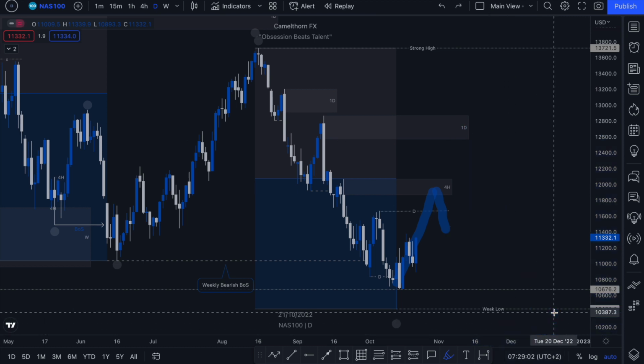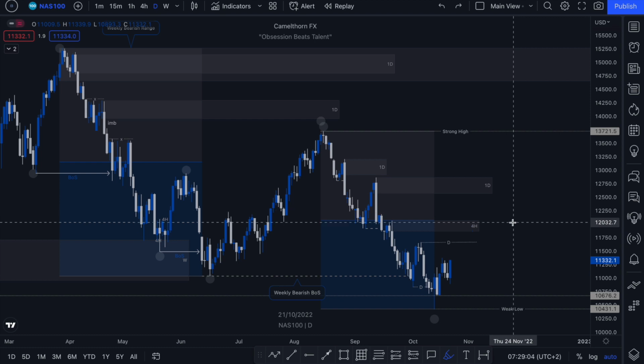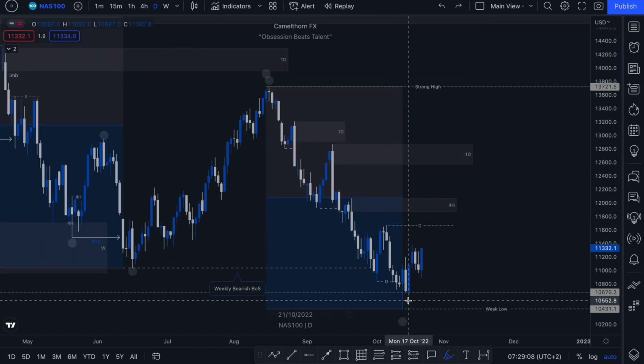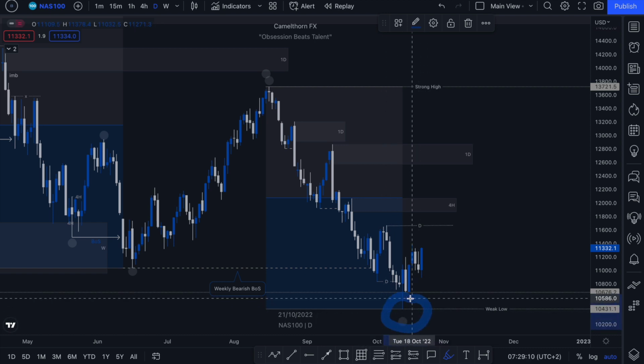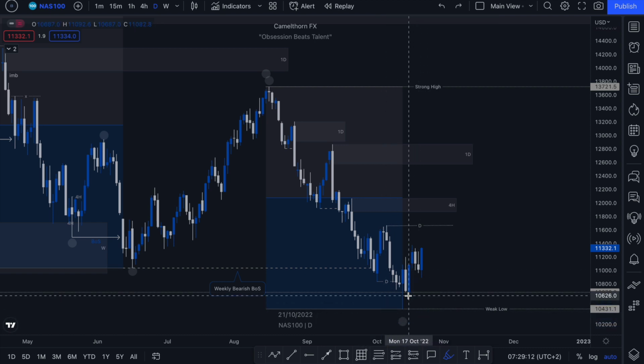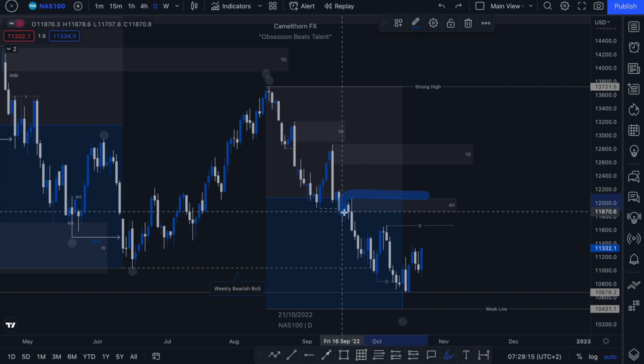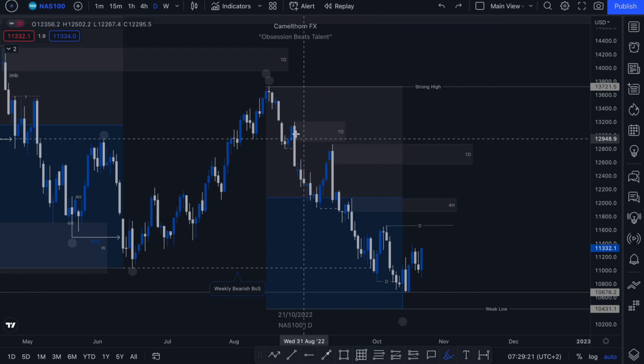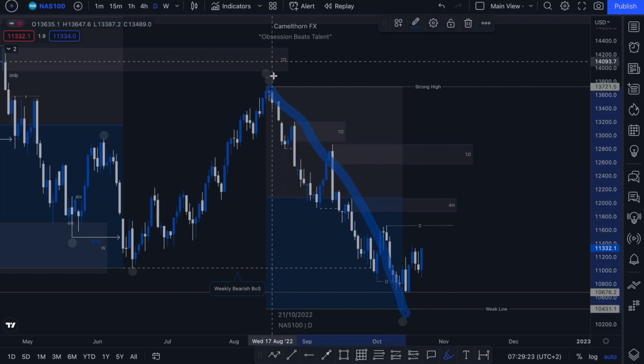However, another interesting thing is, if we are to reach this daily change of character, and if we are to confirm this as our new weekly low, notice how our 4-hour zone would be sitting just below the equilibrium of this weekly leg, okay?